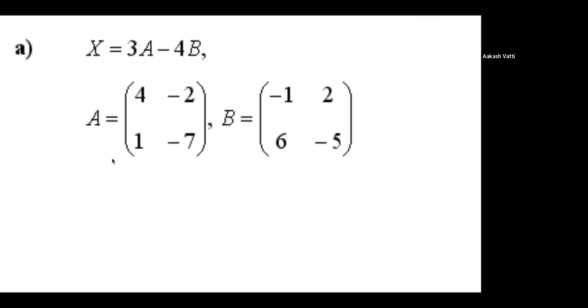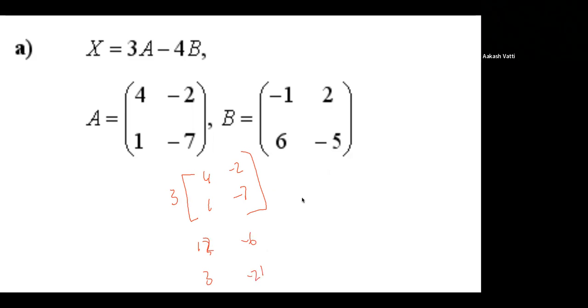All right. So I will start doing this problem now. First thing you do is a scalar multiplication. So you have 3 times the matrix 4, -2, 1, -7. When you do scalar multiplication, you get 12, -6, 3, -21.